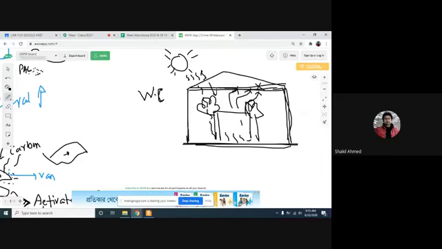This direction is possible because the wavelength was smaller, but the outward flow of radiation is not possible because it is now cooler and the wavelength is much higher. Since the radiation gets inside the glass house but cannot go out, the temperature of the glass house increases.